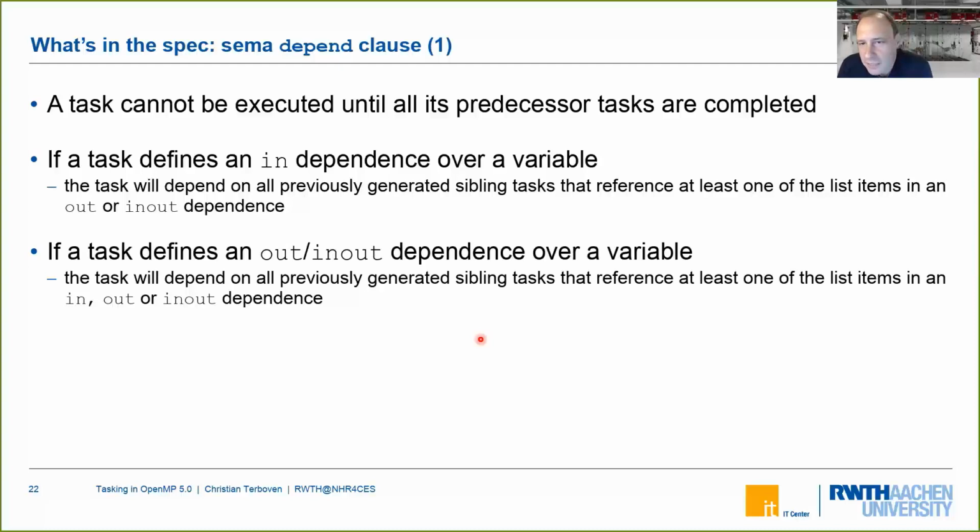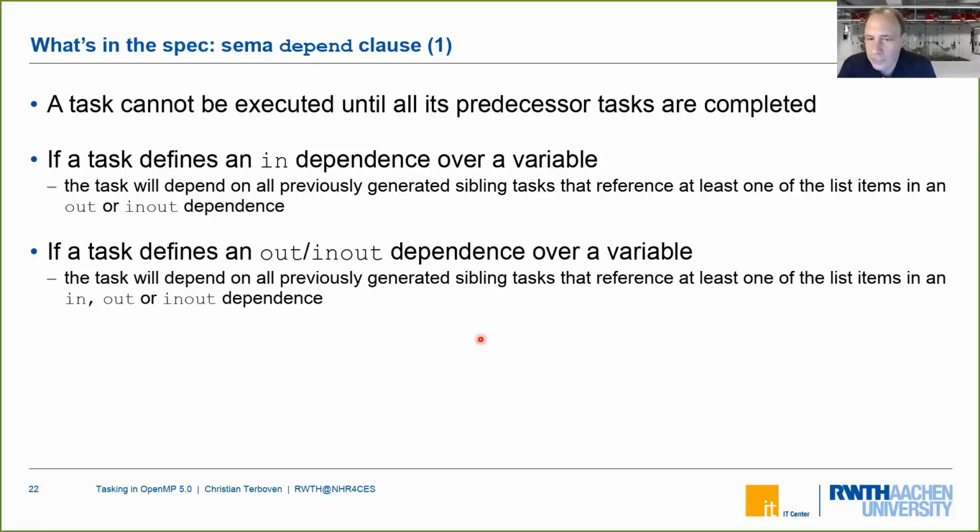So an in dependency will wait for all previously generated sibling tasks that reference the variable previously in an out or an inout dependency. What does that mean? The in dependency means the task consumes this variable, while an out dependency means the task produces a certain value into such a variable, or it provides a value into such a variable.